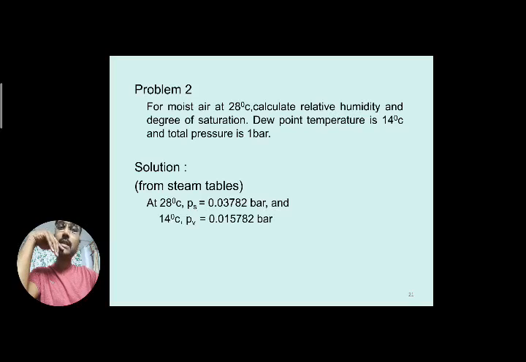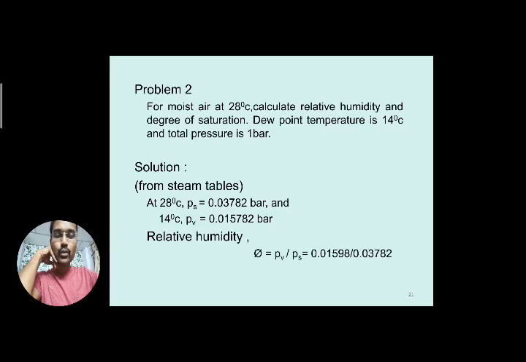From the steam tables at 28 degrees centigrade, we can note down the pressures PS and PV. PS, the saturation pressure, is 0.03782 bar, and the partial pressure of the water vapor at the dew point is 0.015782 bar.